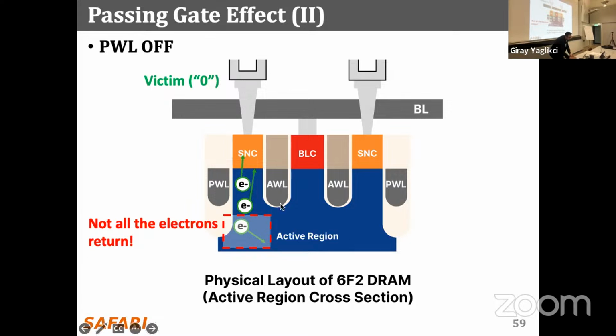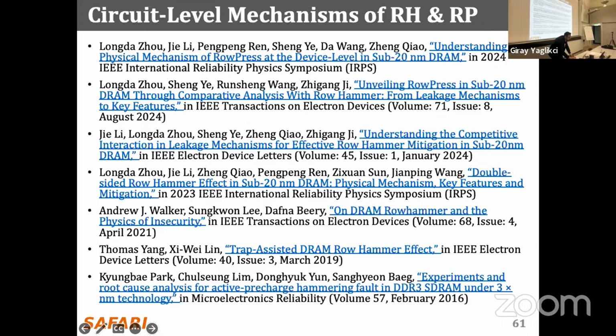Of course, this kind of study requires more understanding. There are several groups. I will show you the list of papers again. I encourage you to take a look at them. There are several groups that do physics simulations by modeling all this circuitry, and they observe which electron is going where, and they measure all the exacerbated charge leakage as a result, and try to understand.